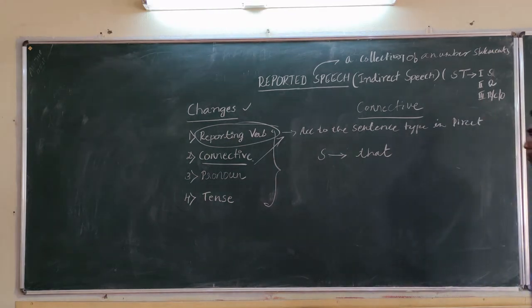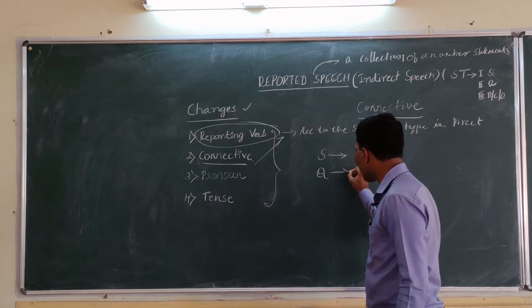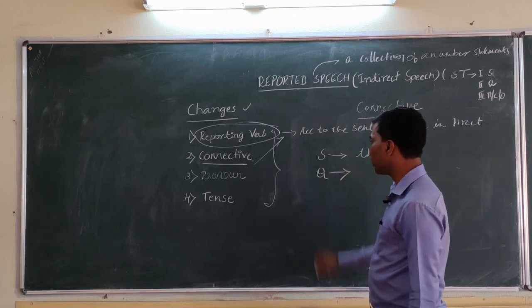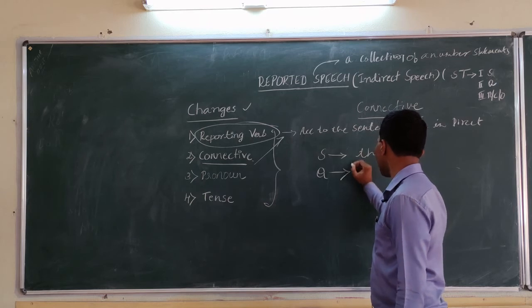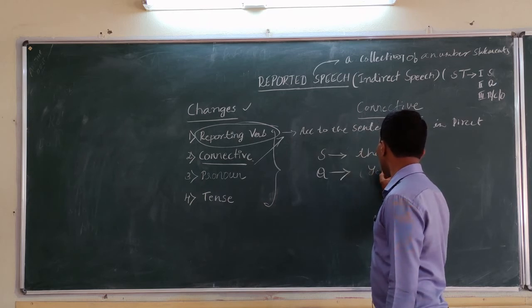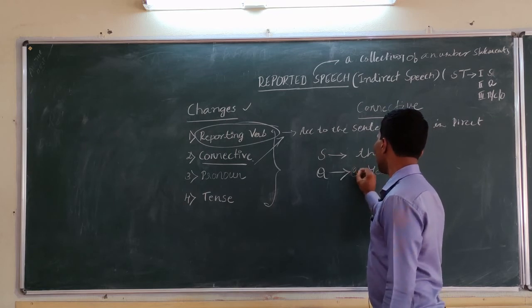Now, the connective that you need when you have a question is according to the question type. There are 2 types of questions. Yes, no is the first type. Am I right? The second type is WH.